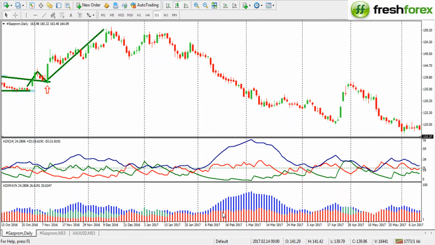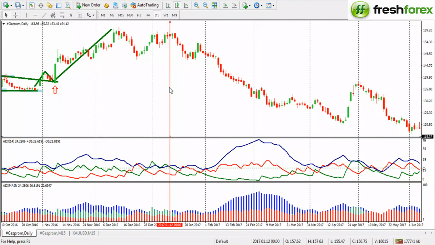What this means is this, that from this point here, anytime you find the blue column is above some level, this one also should add 25.